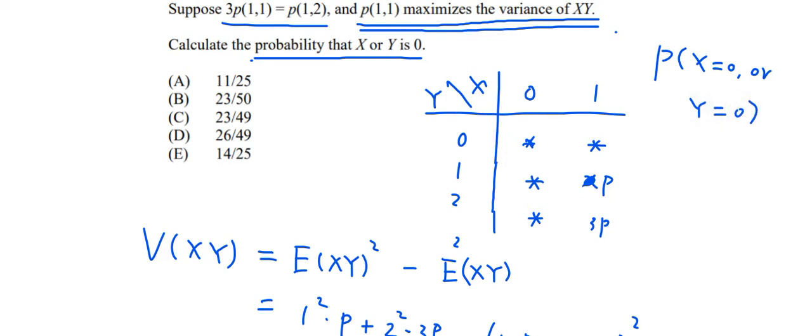So this probability is just 1 minus the probability of the non-zero cases. There are only 2 such cases, P and 3P, so just 4P. Okay.